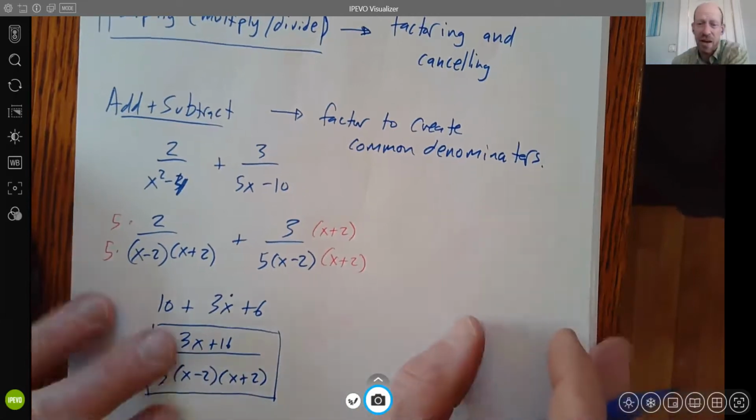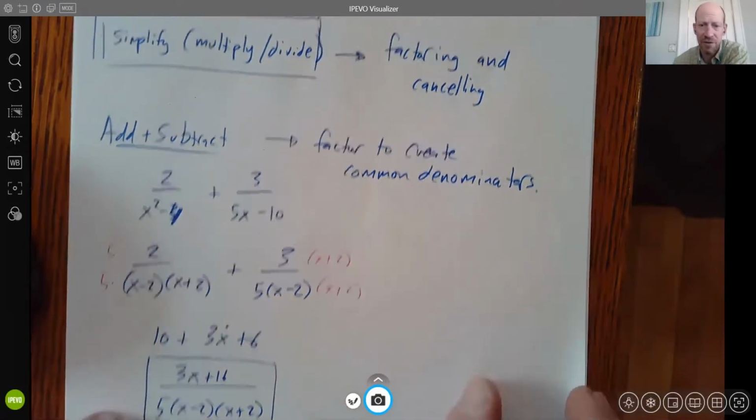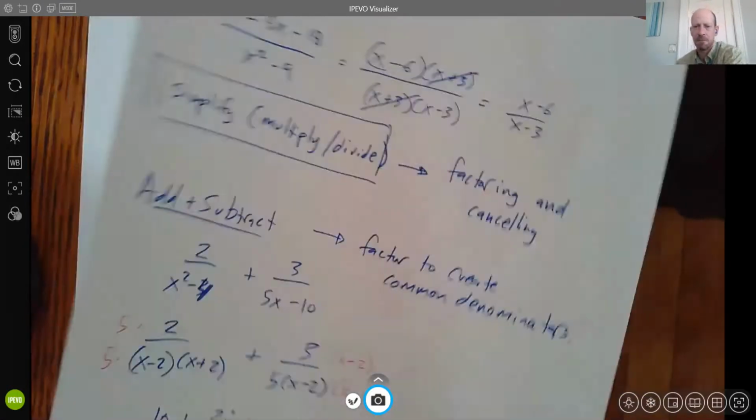Subtraction is almost the same, right? It's not fundamentally any different, but let me show you an example that's got another little complication in it.